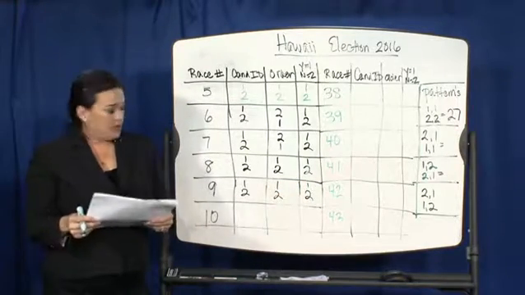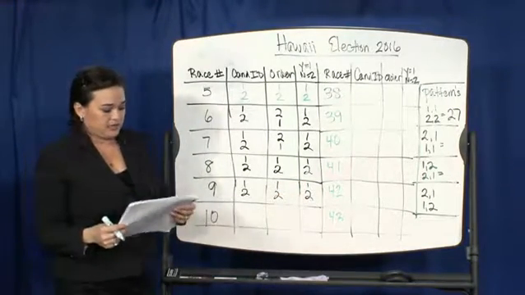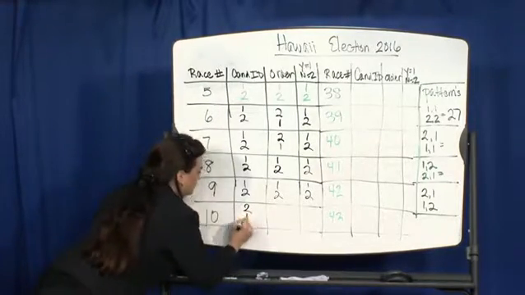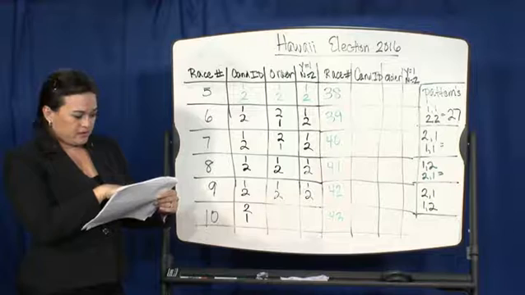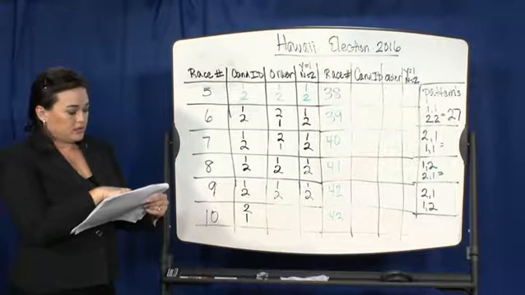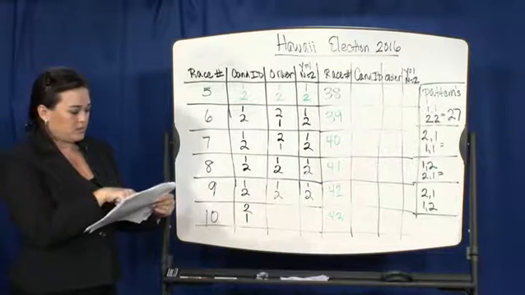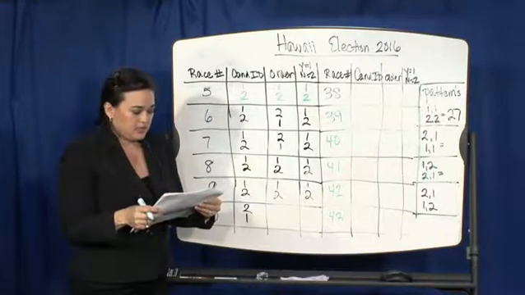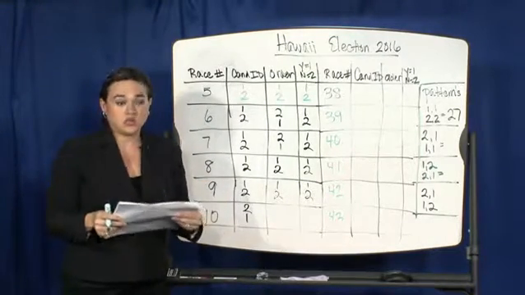Okay. Number 10. Let's do number 10. 2 and 1. Actually, there are 3 races, 1, 2, 3. That throws a little curve to it because there are 3 people in this race.